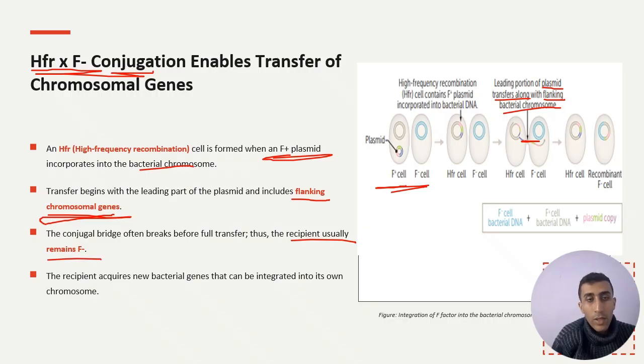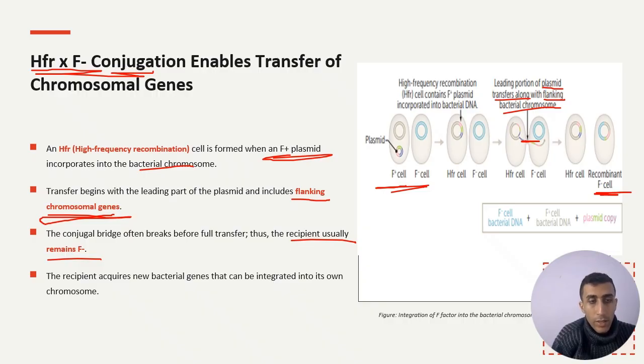So high frequency recombination or conjugation transfers some chromosomal material, while in our previous example there is no transfer of chromosomal material, but at the same time the daughter bacterium here remains F negative. Our previous example transformed the recipient into a male, but here not.